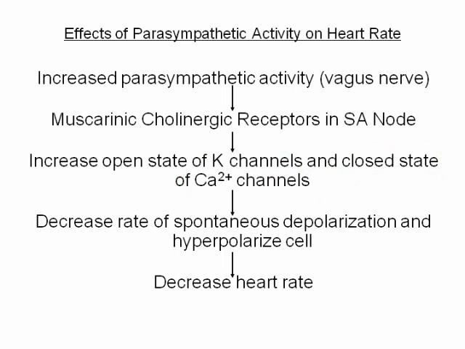Now, if you think about it, if you have increased opening of potassium channels, more positive charge can leave the intracellular fluid. So it's going to become more hyperpolarized. And you're increasing the closure of the calcium channels, which is going to stop positive charge from coming in. So it decreases the rate of the spontaneous depolarization and ultimately will result in a hyperpolarization of the cell.